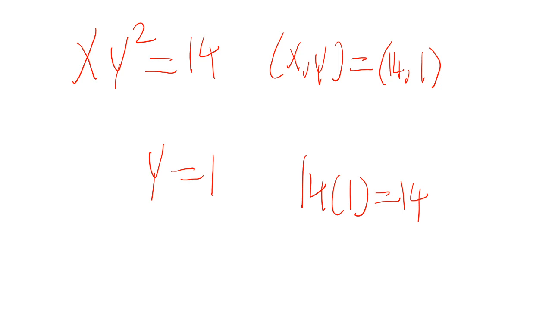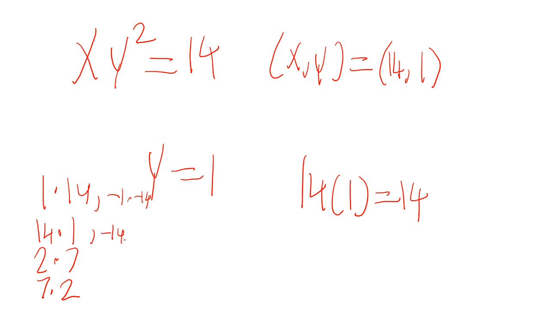Now let's think of another possible integer solution. Let's think of all the factors of 14. You have 1 and 14, 14 and 1. You have 2 and 7, 7 and 2. That's really it. And then you have the negatives. So you have negative 1 times negative 14, negative 14 times negative 1.